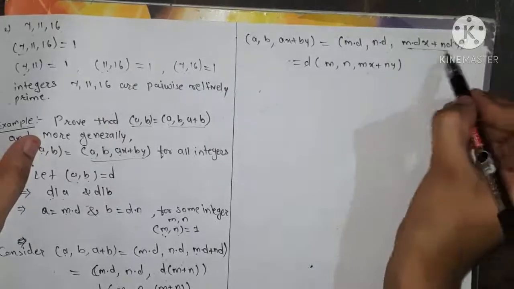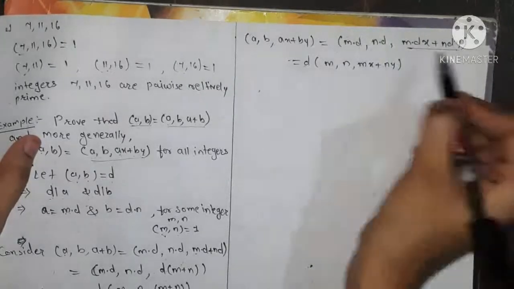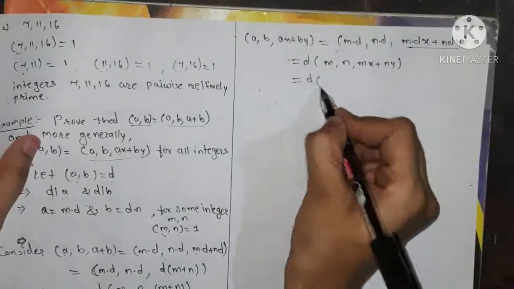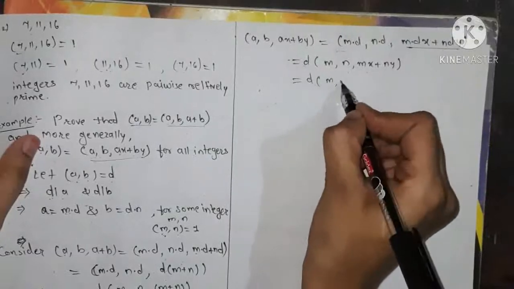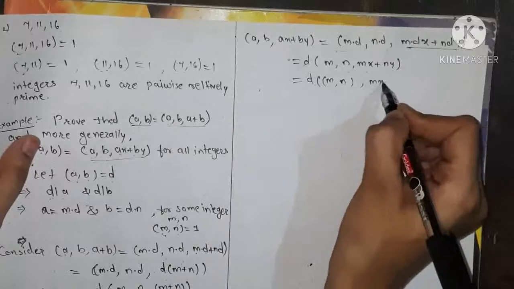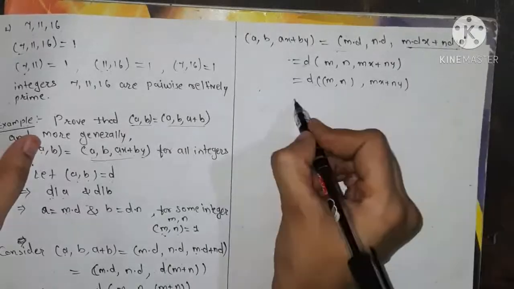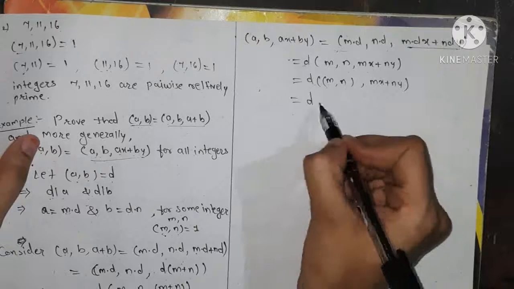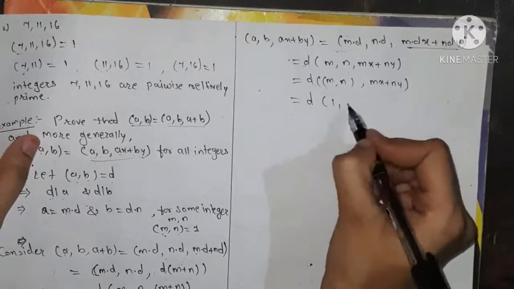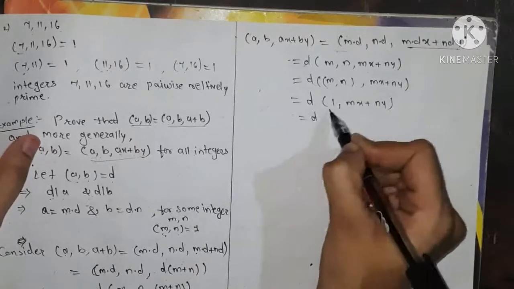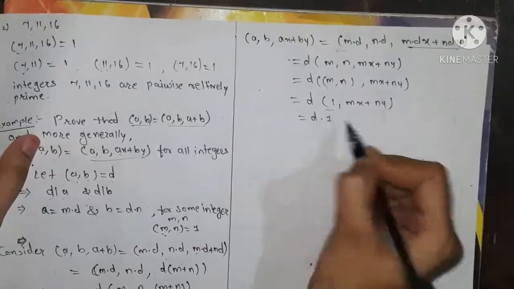We can take the common d from this GCD. So d in bracket, we take the GCD of first m, n, then mx plus ny, which equals d. The GCD of m, n is 1, and this is mx plus ny, so the GCD of this is 1.